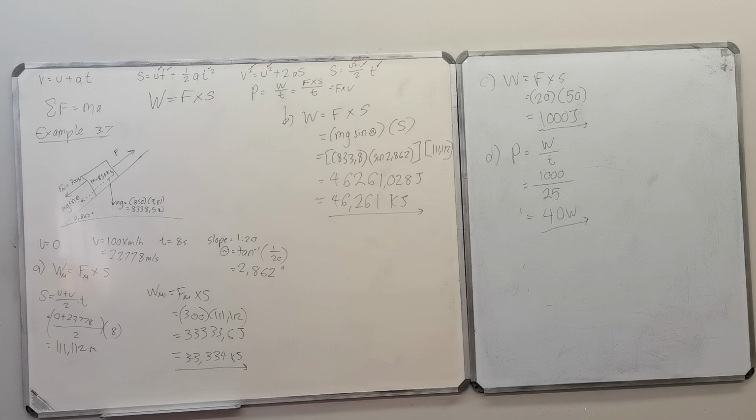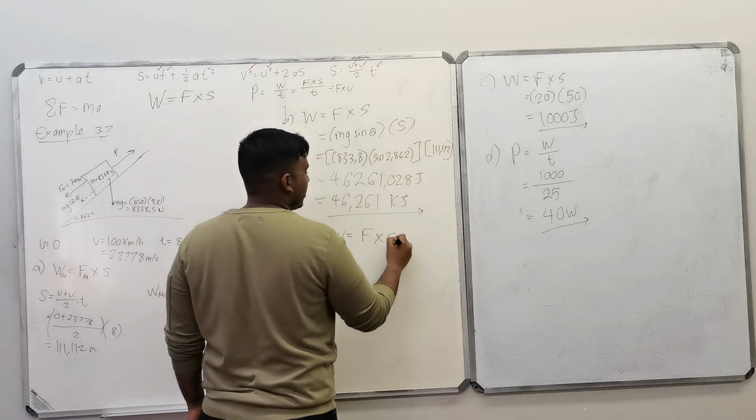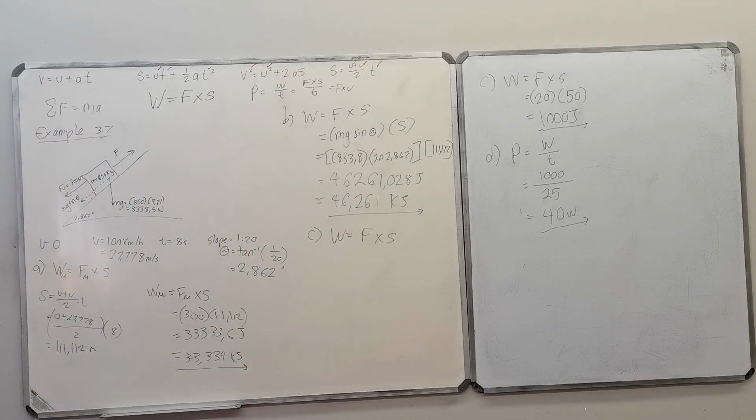Okay. The next one, they ask you to calculate the work that's transformed into kinetic energy. So it's work again, right? The work is equal to force times displacement. When I said kinetic energy, what would you use to calculate the force?